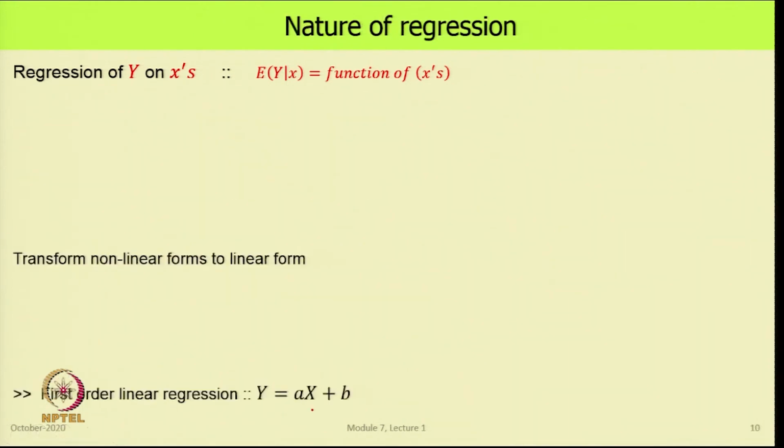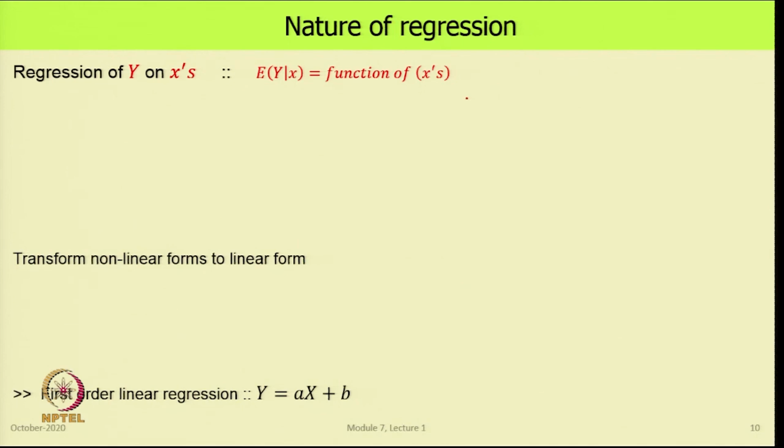Now, let us look at the nature of regressions that we can have. For a moment, let us not just look at the linear regression, but look at the type of functions we can get in general.